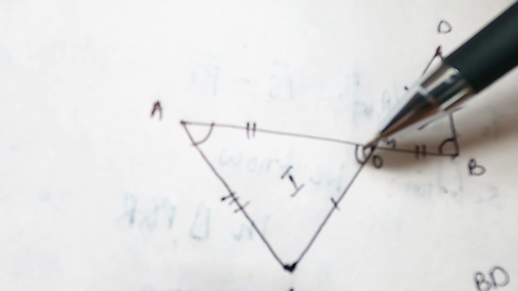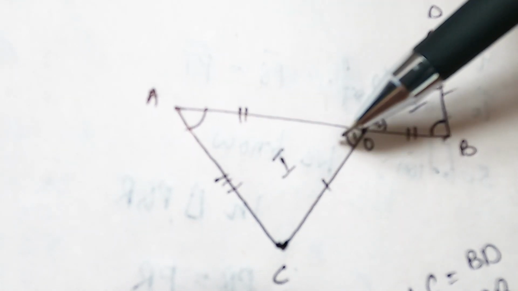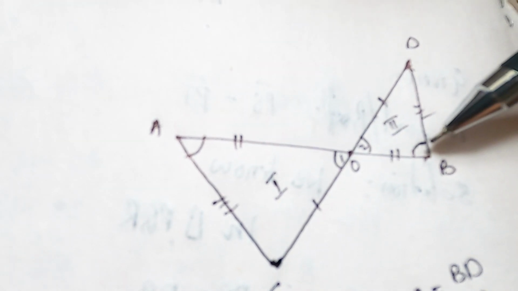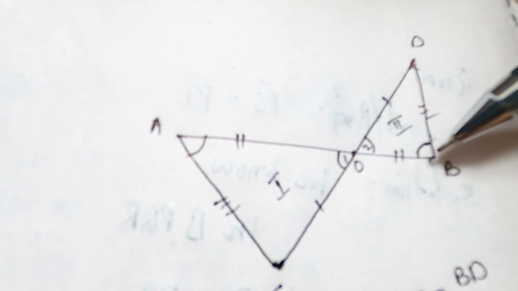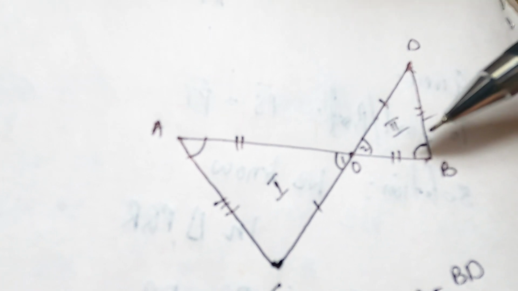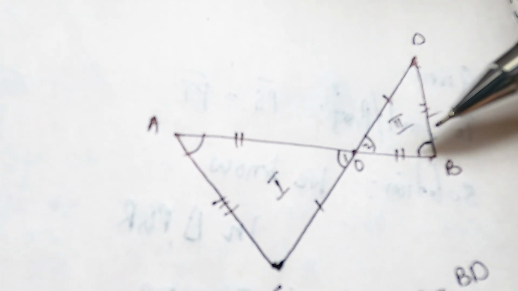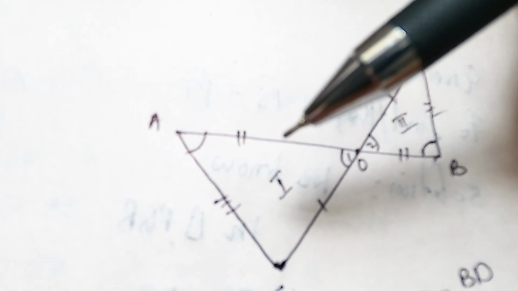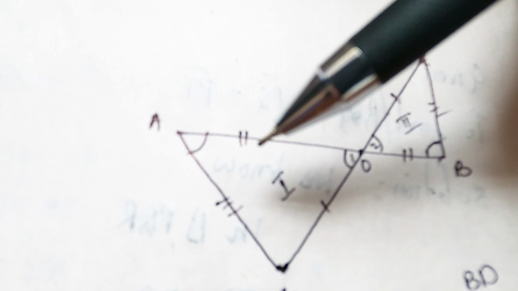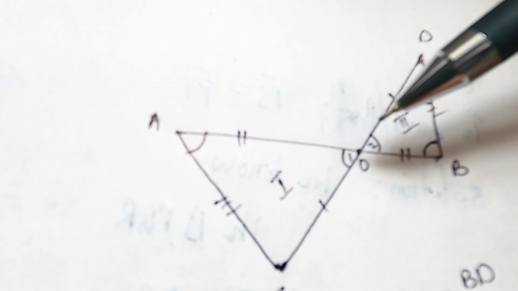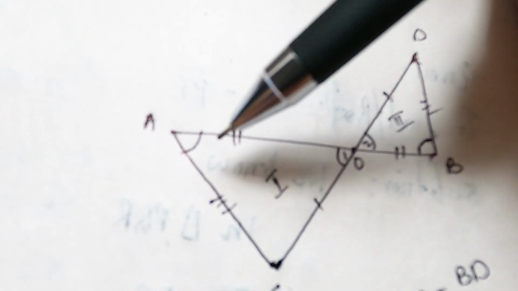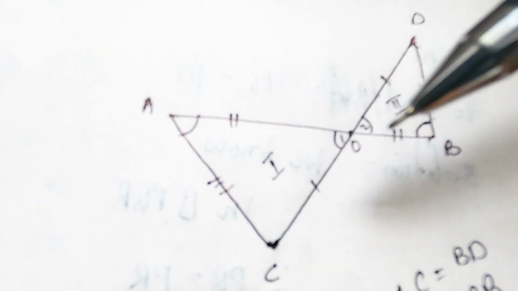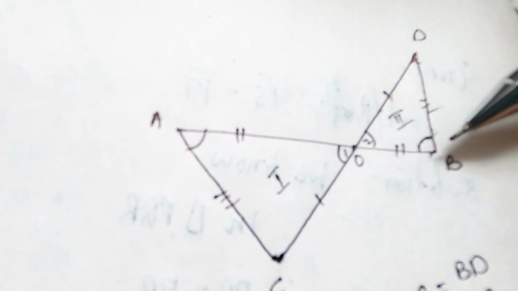So in this case, we know that angle OAC is equal to angle OBD. What is the reason for this? By CPCTC, that is, the corresponding parts of congruent triangles are congruent. So we can say that angle OAC is equal to angle OBD.